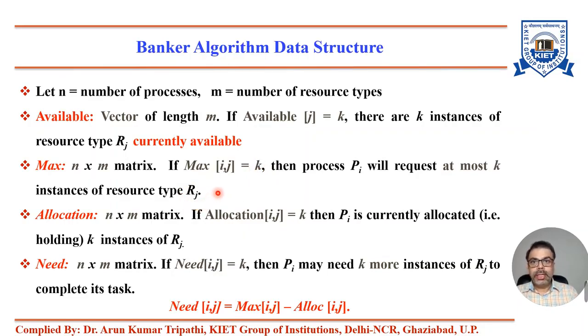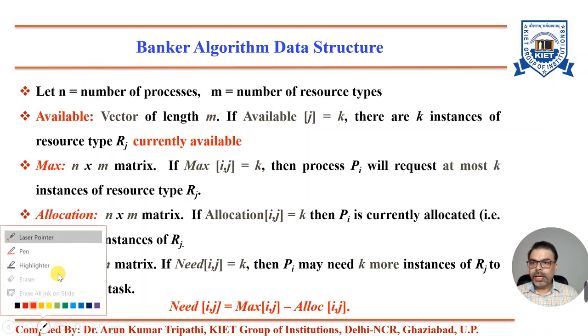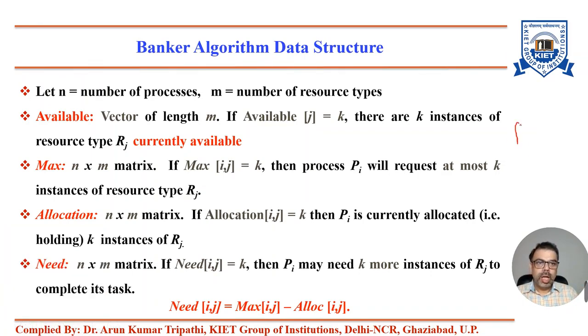Means suppose I am a process P1 and I need resource type Rj, three instances.